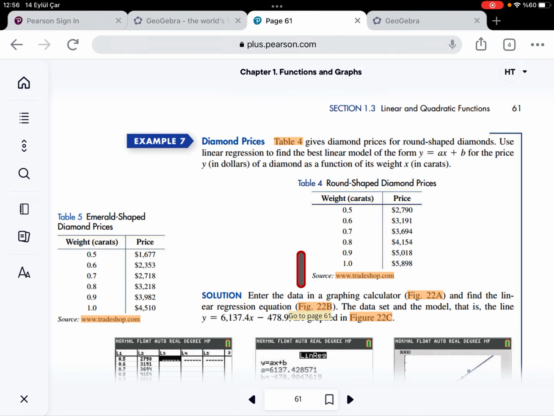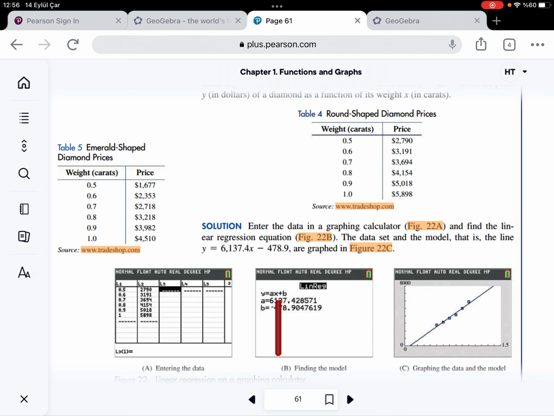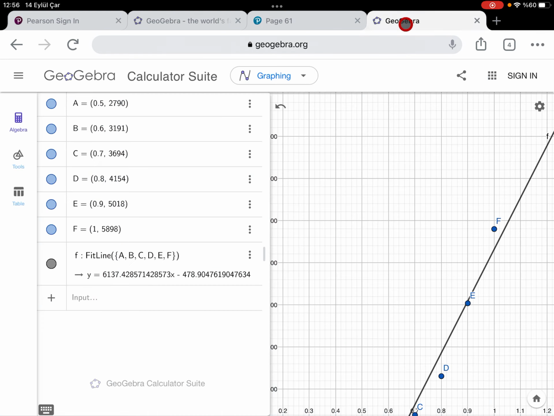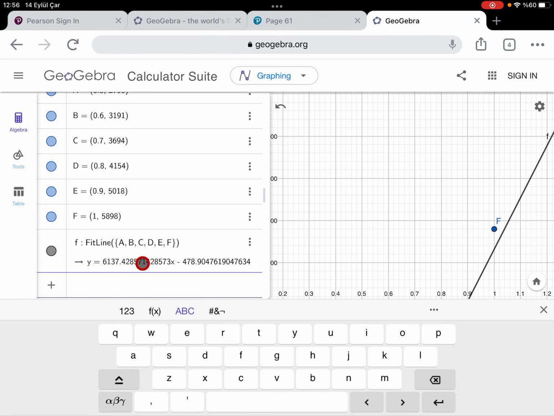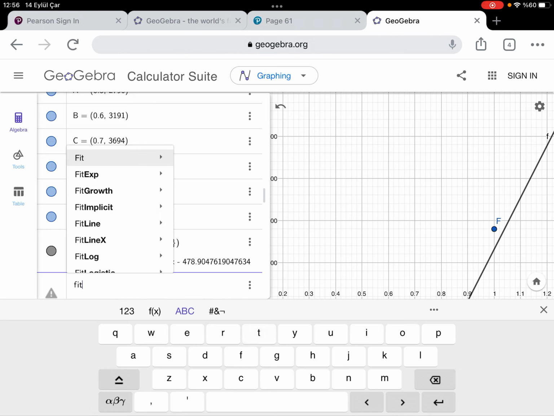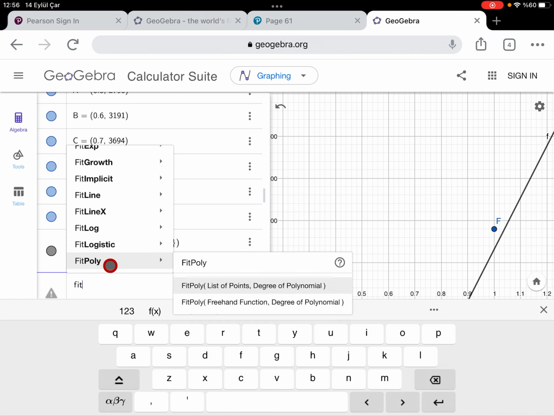In your textbook, you can see the coefficients here, which are the same: 6137.42 blah blah blah minus 478.19 blah blah blah. Okay, so you find the same value. How can you find the quadratic approximation, the quadratic regression? Now you should use fit polynomial again, not the line. You may not know fit polynomial, but in the following videos you will see.